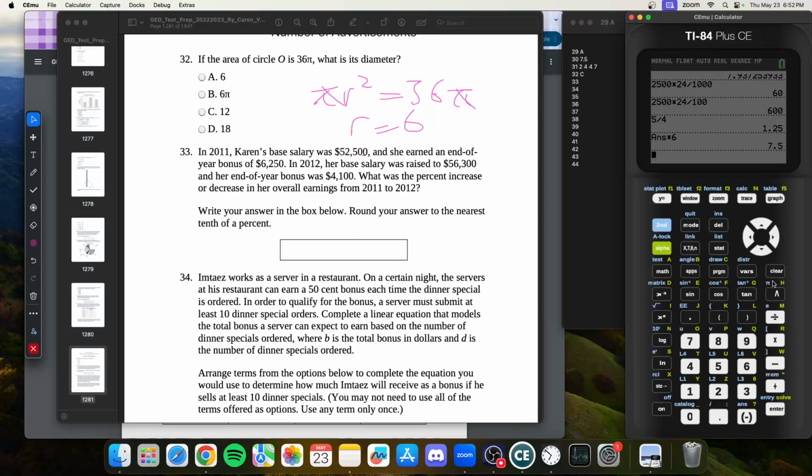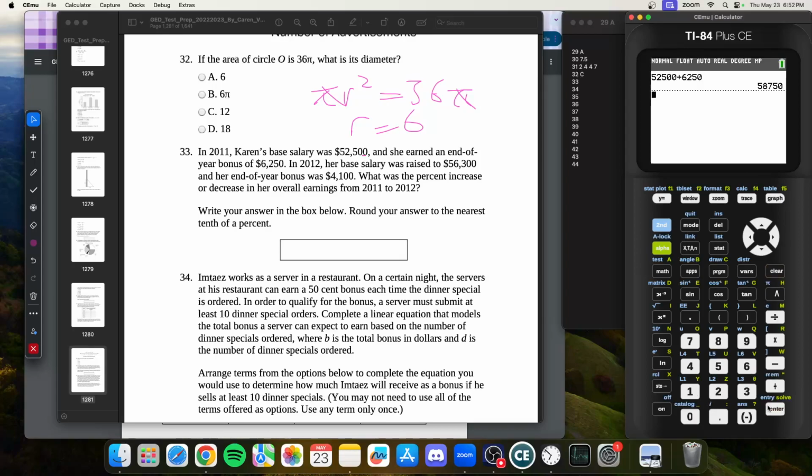Okay, well, that's very simple. So you do 52,500 plus her bonus 6,250, and then the following year she made 56,300 plus 4,100 in bonuses.